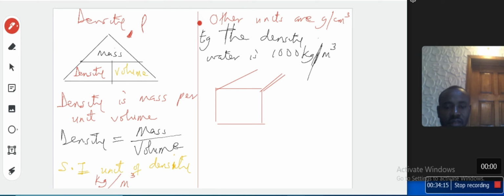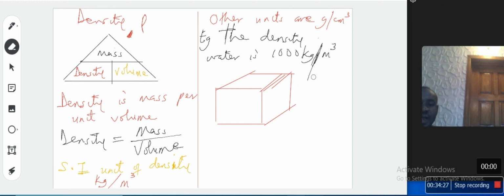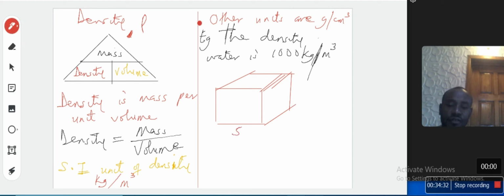For instance, if this is a piece of block like this, and we have the dimensions as 5 centimeters, 4 centimeters, and 3 centimeters.